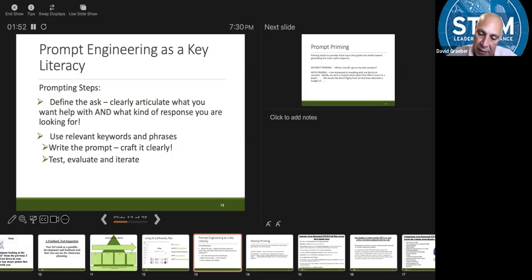And you'll find this course in almost every university now. There are prompt engineering courses online, but prompt engineering is a new literacy. It is a key new literacy in terms of utilizing AI to become more efficient at what we do and spend the real time that we have, as limited as it is, with actual kids executing.